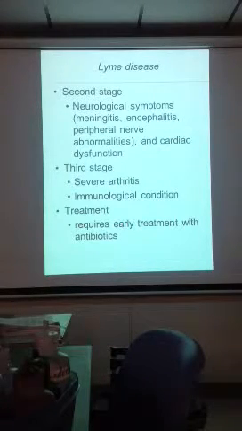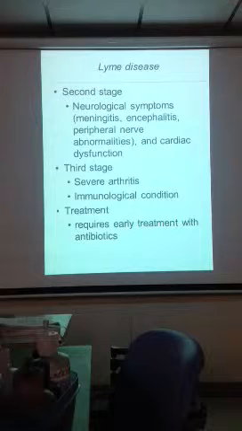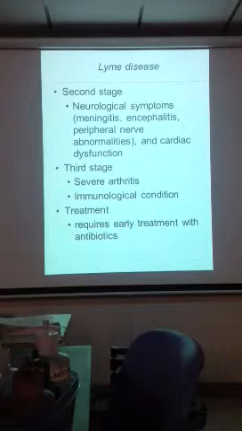What happens is that after your immune system gets rid of the bacteria, there are still immune complexes floating around, and these can accumulate, especially in the joints, and cause arthritis. So this becomes a long-term problem for patients who have untreated cases of Lyme disease.